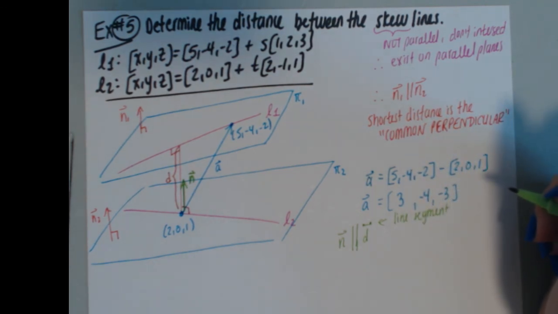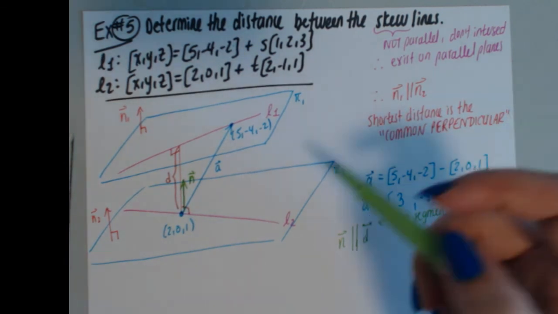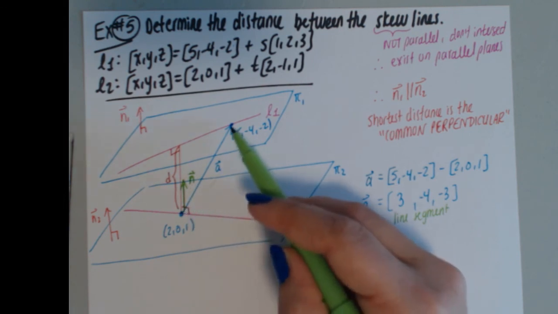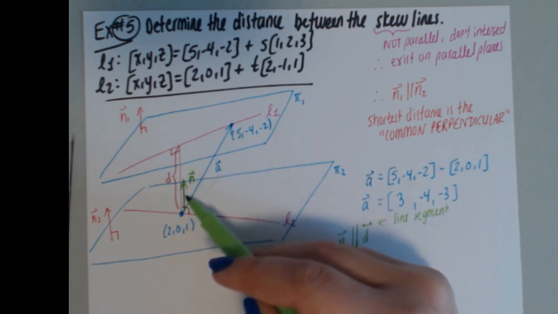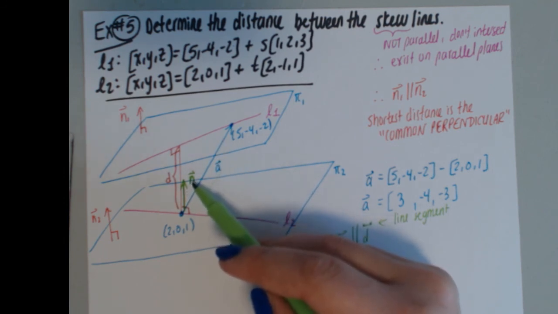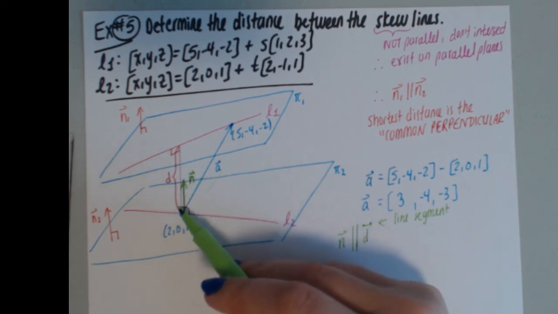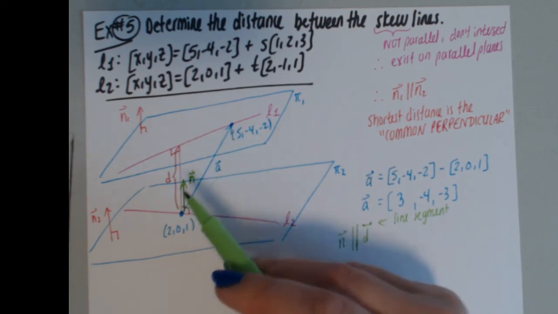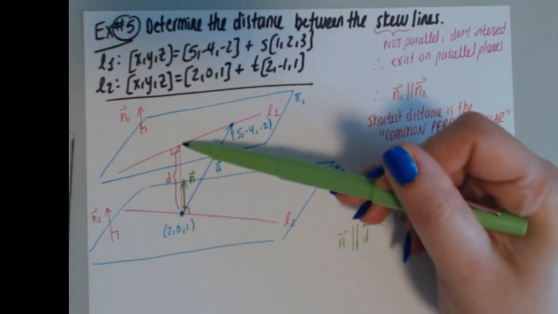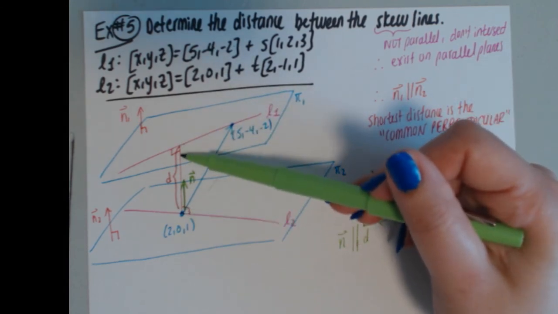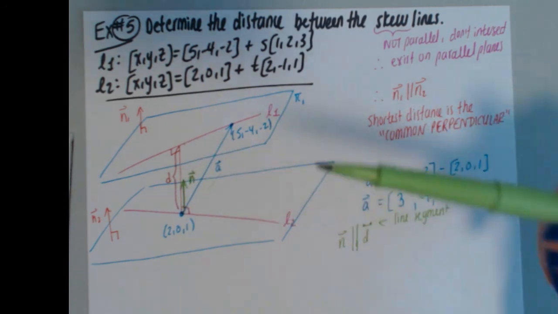If you recall from the study of projections, it's been a while since we did it, but looking at these two vectors, A and N, if I take the projection of A onto the vector N, I'll figure out the component of A that is in the same direction of N. And if I take its magnitude, I will get exactly the length of D. If I take the projection of A onto N, I'm going to get the vector starting from here going to the first line, L1. And if I take the magnitude of that vector, I will have the length of it, which is D.